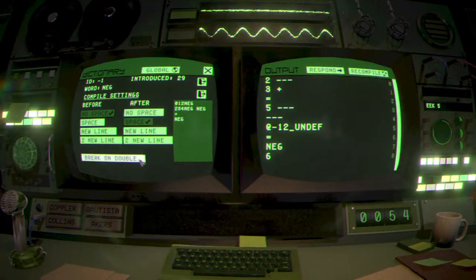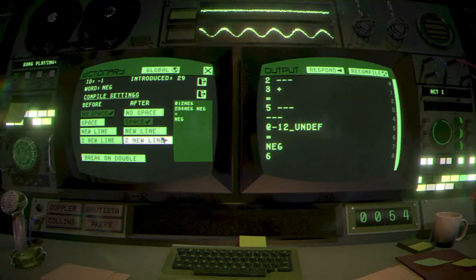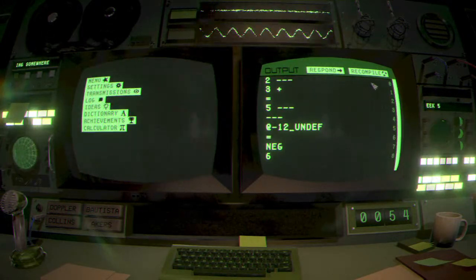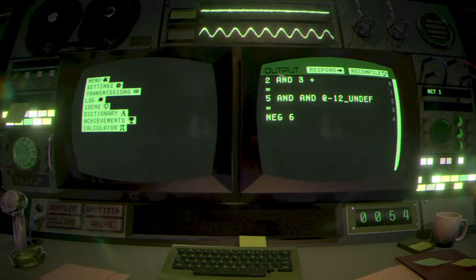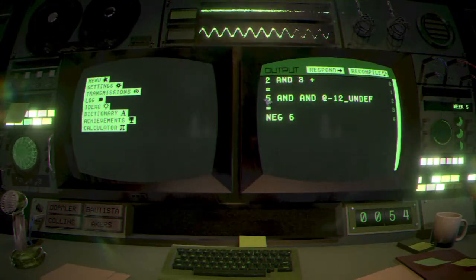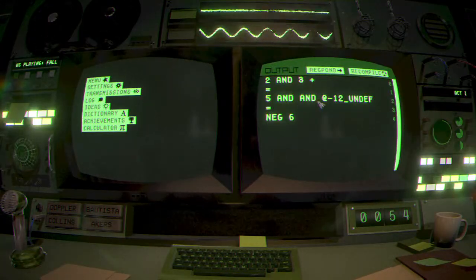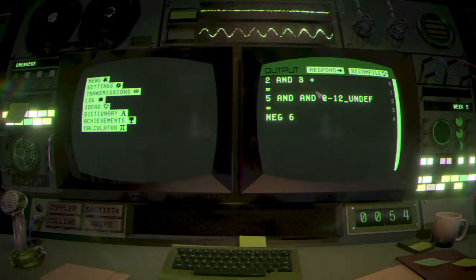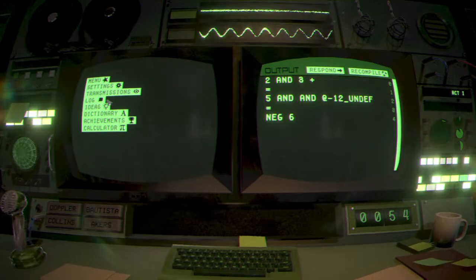What does break on double mean? I don't know. Two and 3 added together equals 5 double ands. See, that's weird, because I associate double and with like end of something.